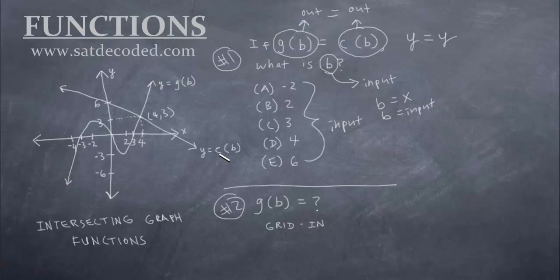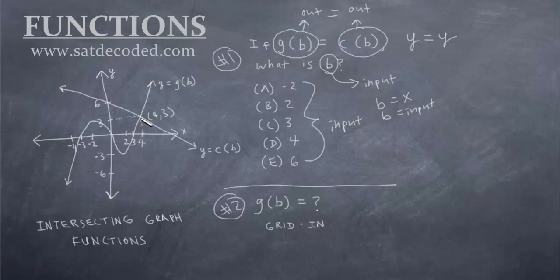For the function c, which is this straight line right here, when the y value is 3, the y value for the function g is also 3. So when they both have the same y value, we satisfy this condition. G of b equals c of b. Y equals y. 3 equals 3.